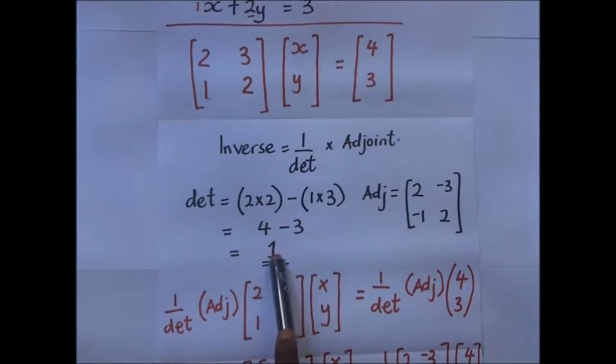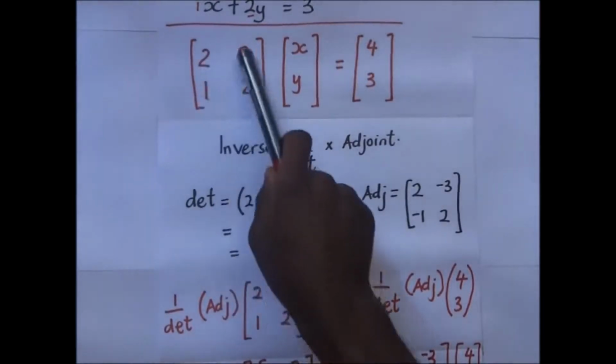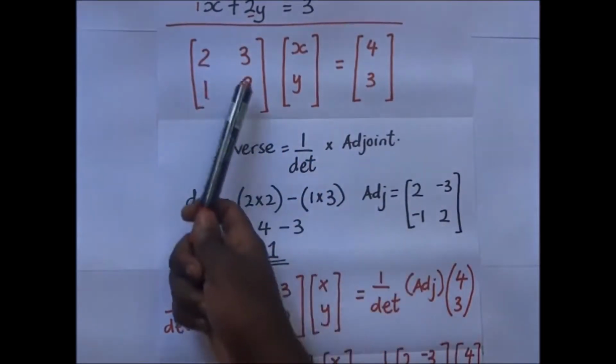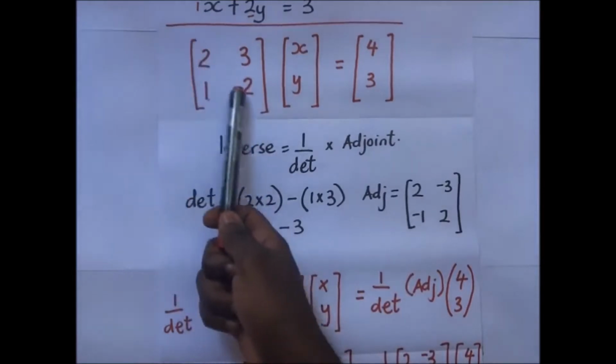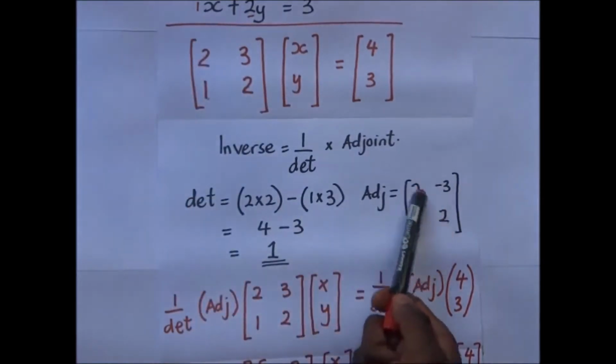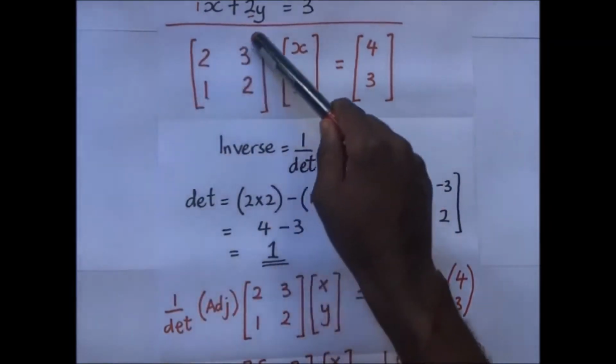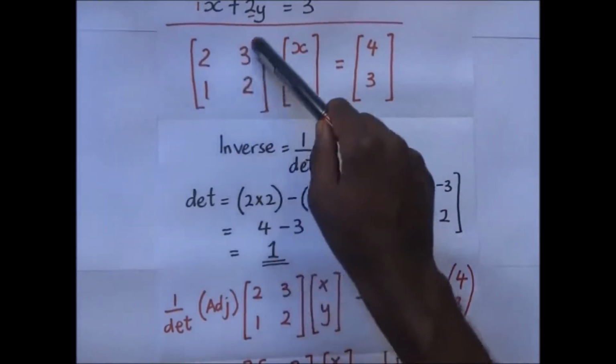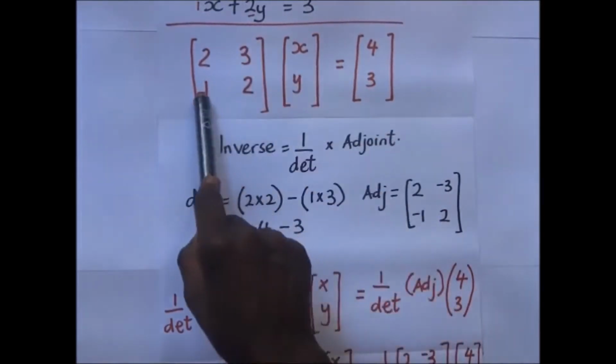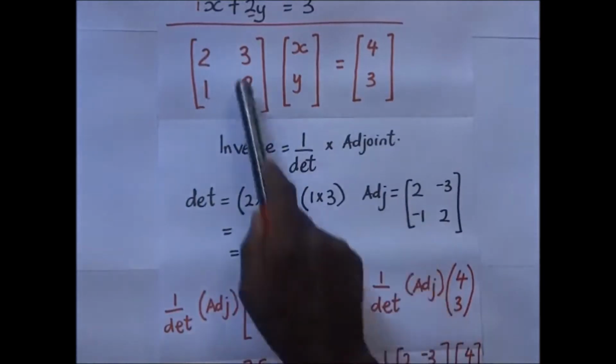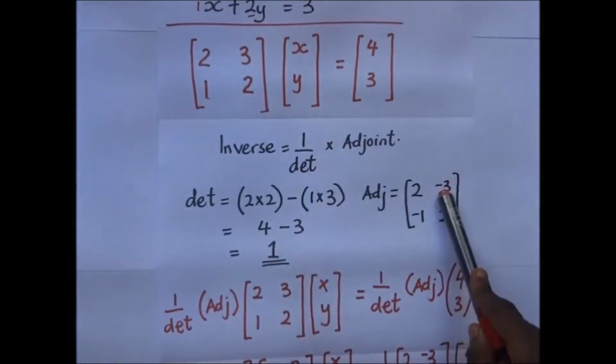After getting our determinant as 1, we find the adjoint of this matrix. We get the adjoint by interchanging the numbers in the main diagonal, which is 2 and 2, they interchange. Then in the minor diagonal, we simply multiply the numbers by -1. 1 times -1 is -1. 3 times -1 is -3.